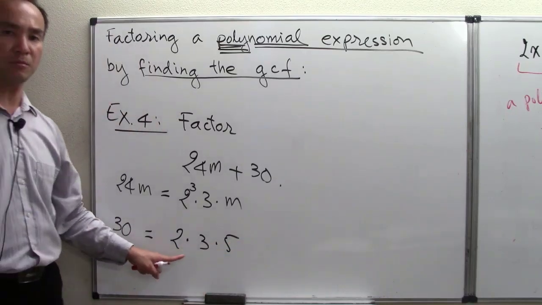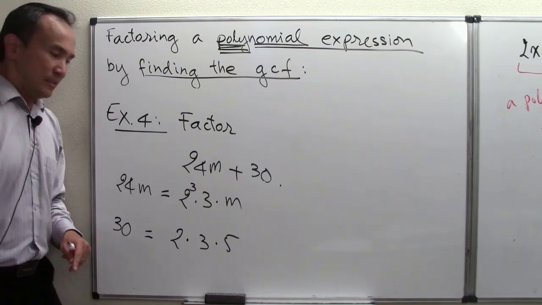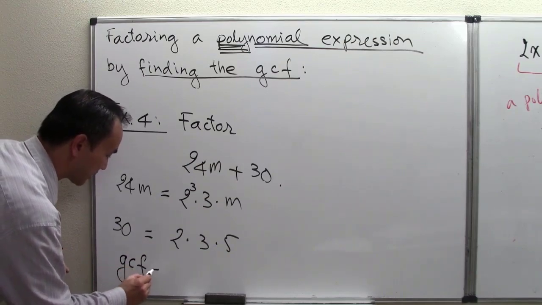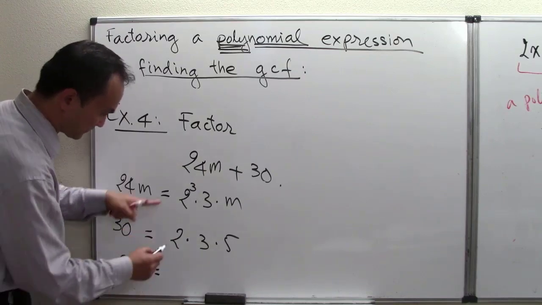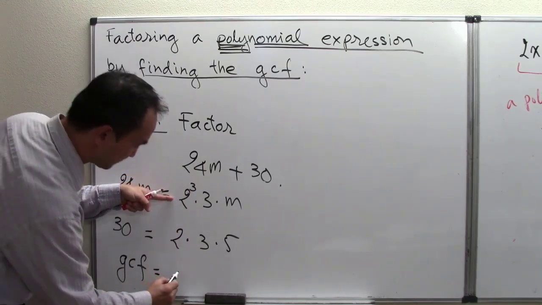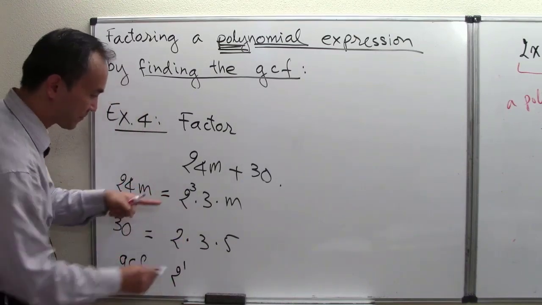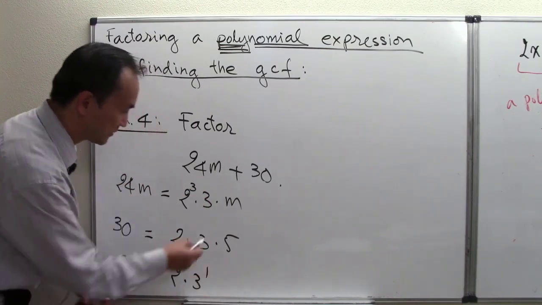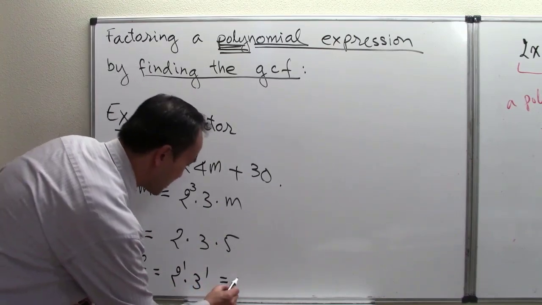After writing down all the prime factors, according to our previous learning, the common factor I recognize here is a 2 and the least power is a power 1. So I just take 2 to the first power. Another common factor is a 3. So times 3. And then the 5 and the m, those are just non-common. And so now the GCF here comes out being 6.